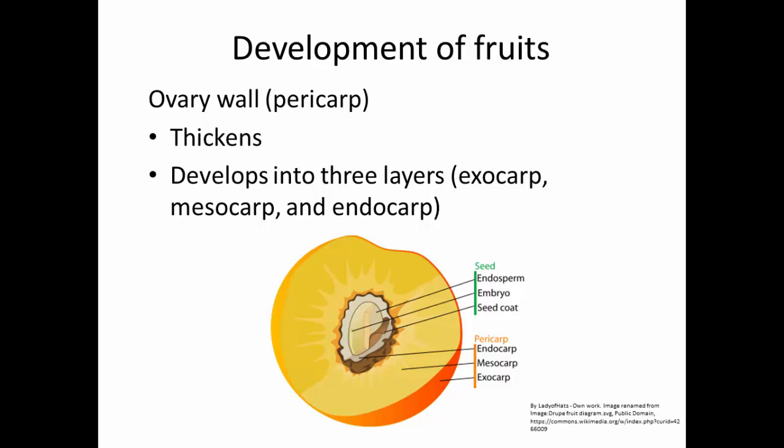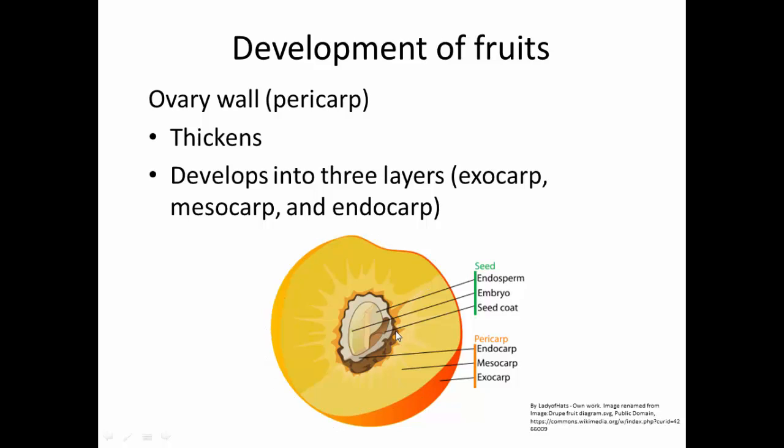So if we take a cross section through a stone fruit, we see that the ovary wall gets really thick as the fruit develops. So the ovary wall is called the pericarp. And in the mature fruit, we see that it's very thick, and it can usually be divided up into 3 layers. The exocarp, which would be the skin of the nectarine right along the outside.